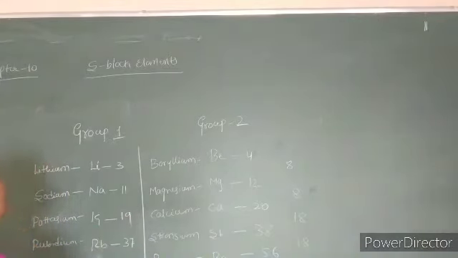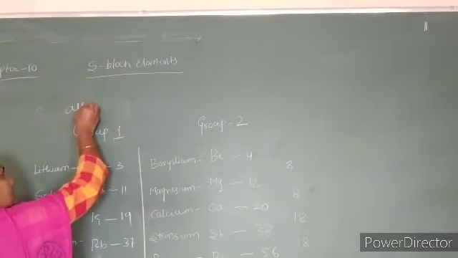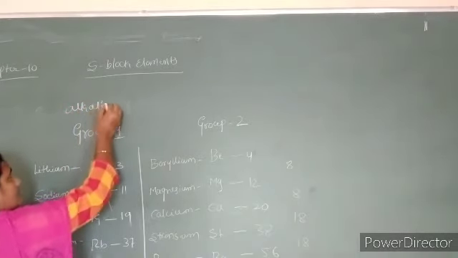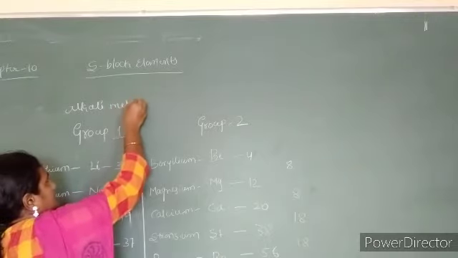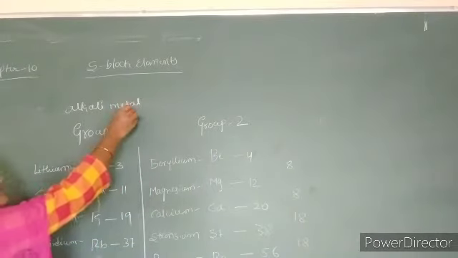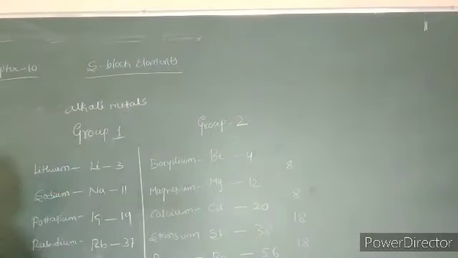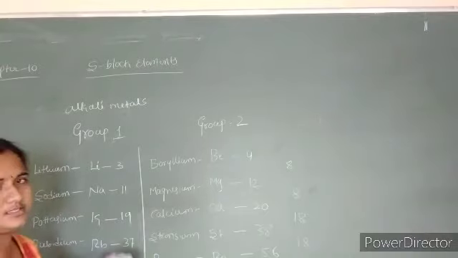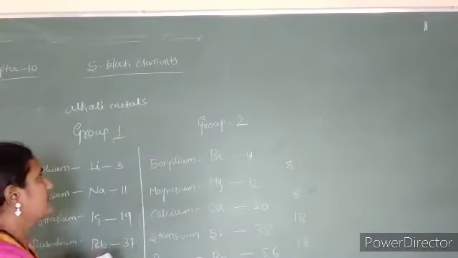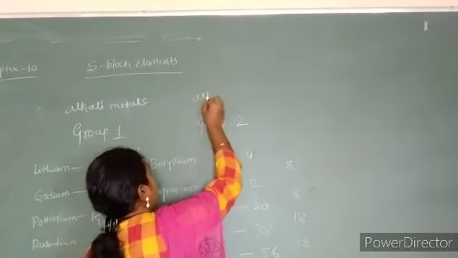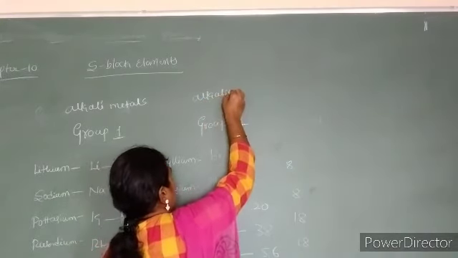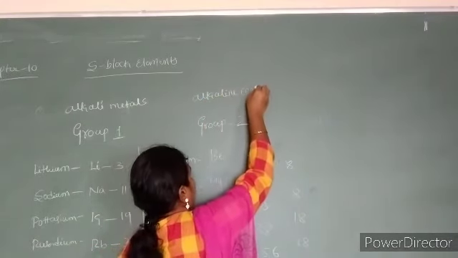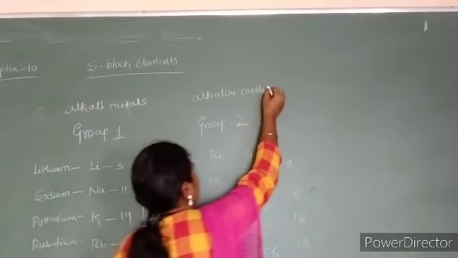So the group 1 elements are called alkali metals. These are metallic in nature, water soluble and strong bases, since these are said to be alkali metals. And group 2 elements are alkaline earth metals. Alkaline means basic.